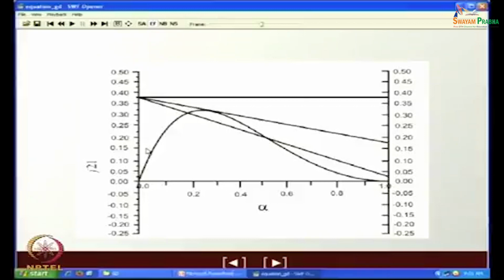Do you get the point? For each particular alpha, there will be one set of J2 and J1 under which flooding will occur. So, for each alpha, if we get J2 and J1, then we can locate each and every point, is not it? We will find out what is J2, we will find out minus J1, and then at that particular alpha, the point of intersection of this alpha with the straight line will give us one particular point in the curve.